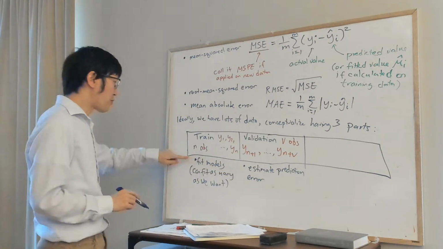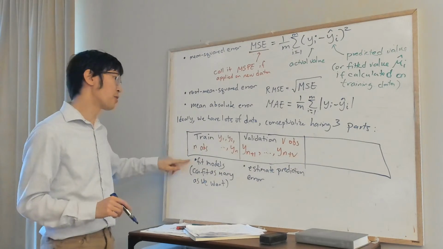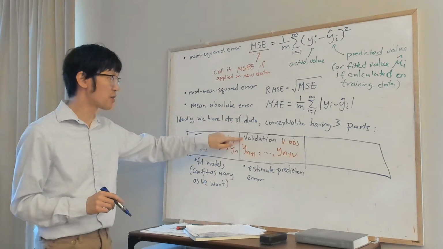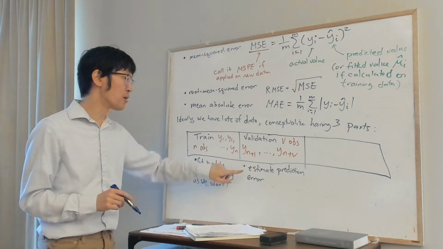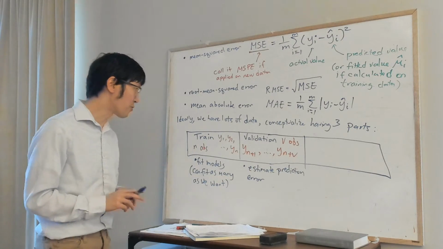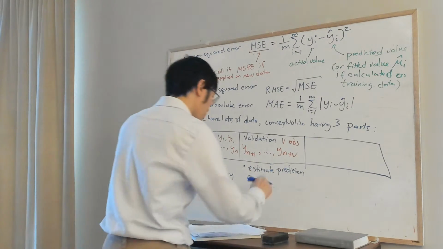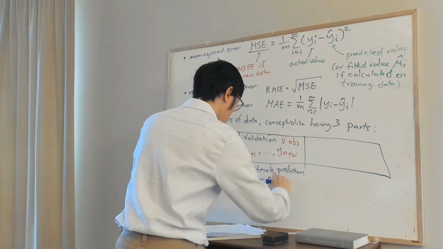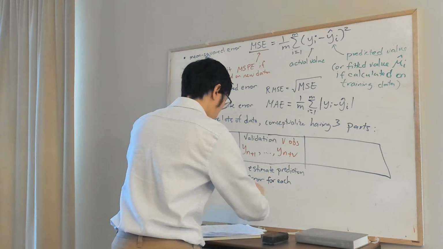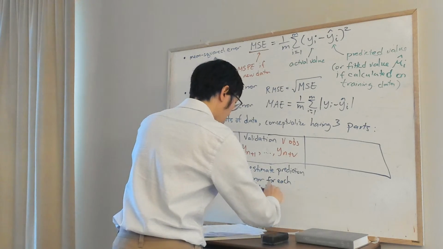And what we're going to do is, for every model that we fit on the training data, we can use the validation sample to estimate the prediction error of that model, for each fitted model.